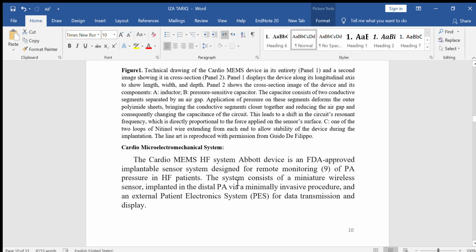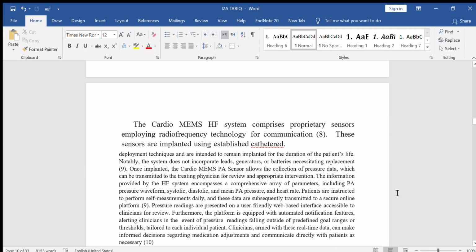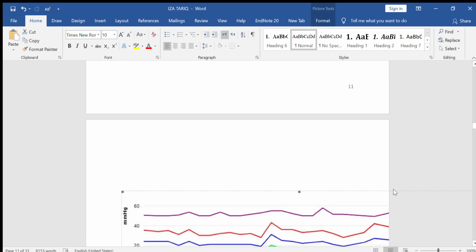The system consists of a miniature wireless sensor implantable in the distal pulmonary artery by minimally invasive procedures, and an external patient electronics system for data transmission and display. The CardioMEMS hardware comprises proprietary sensors employing radio frequency technology for communication. These sensors are implanted using established catheter techniques.